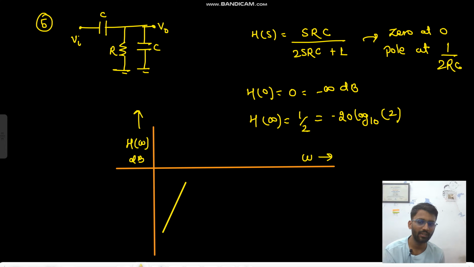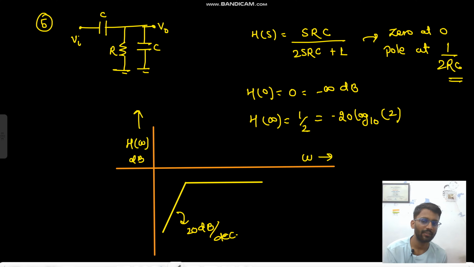It is going with plus 20 dB per decade slope because we have a 0 at 0. Then at the pole 1 by 2 RC we will have a minus 20 dB slope. So plus 20 and minus 20 will give you 0 dB per decade slope.